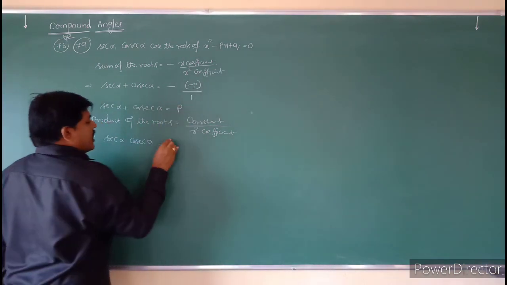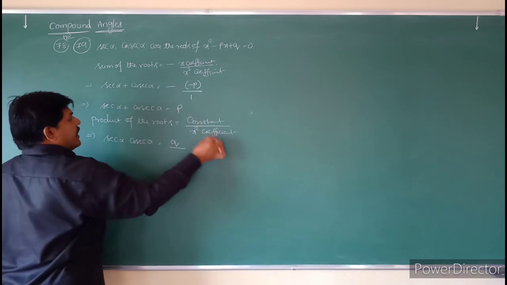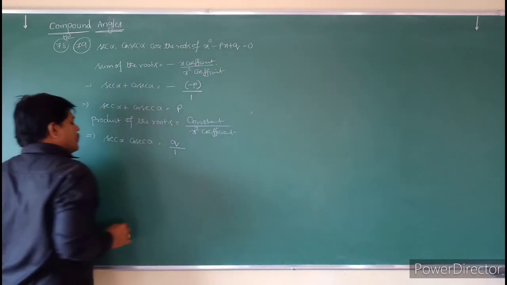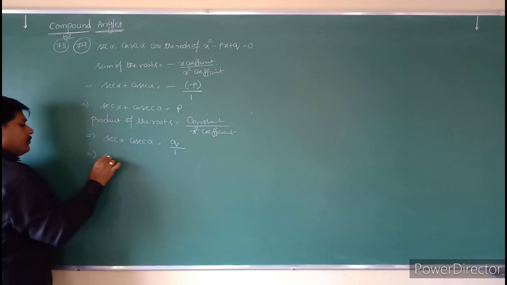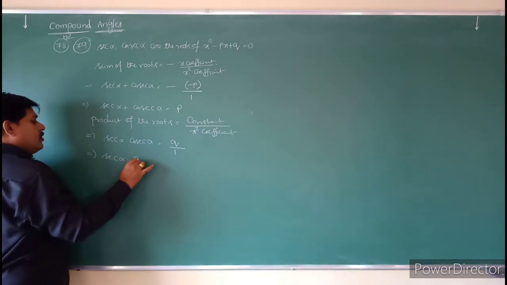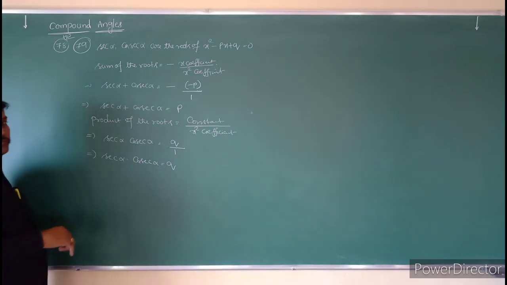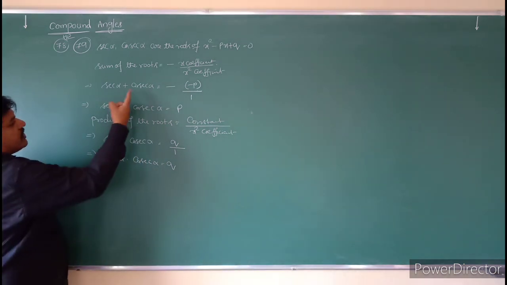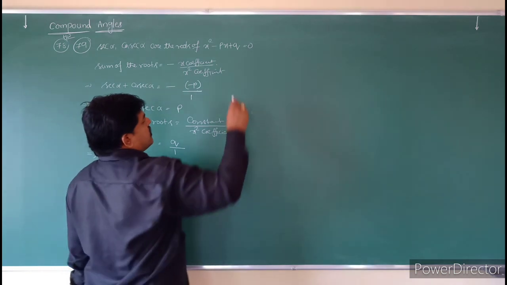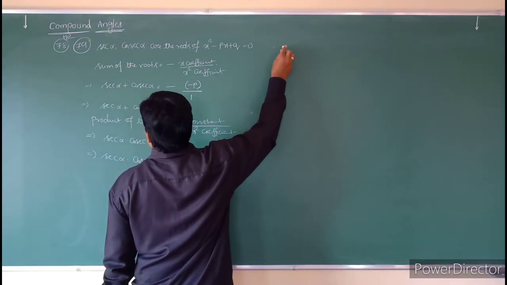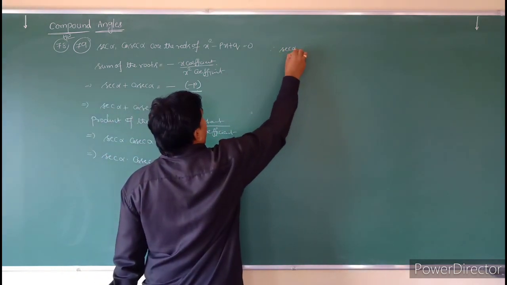What is the constant here? It is q, and the x square coefficient is 1. So that implies secant alpha into cosecant alpha is equal to q.